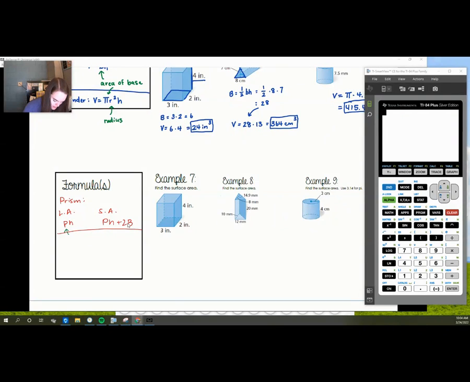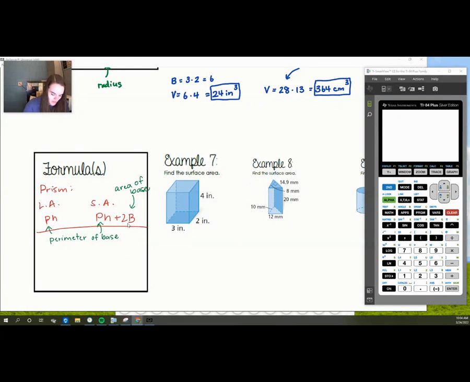P is perimeter of base. Okay, B is still area of base. So notice lateral area is just without the area of the base.